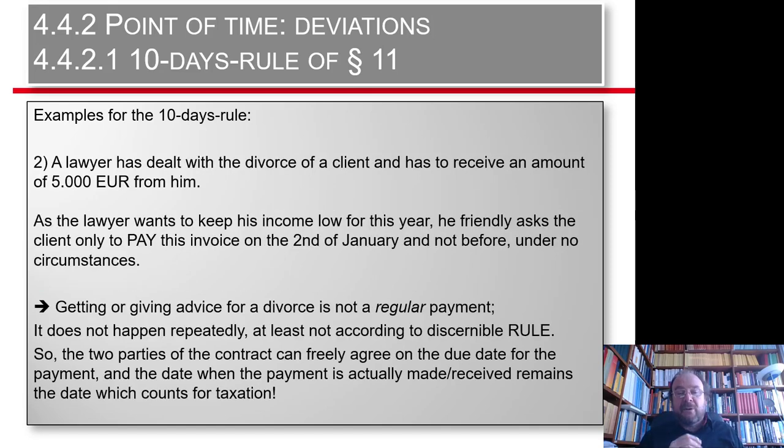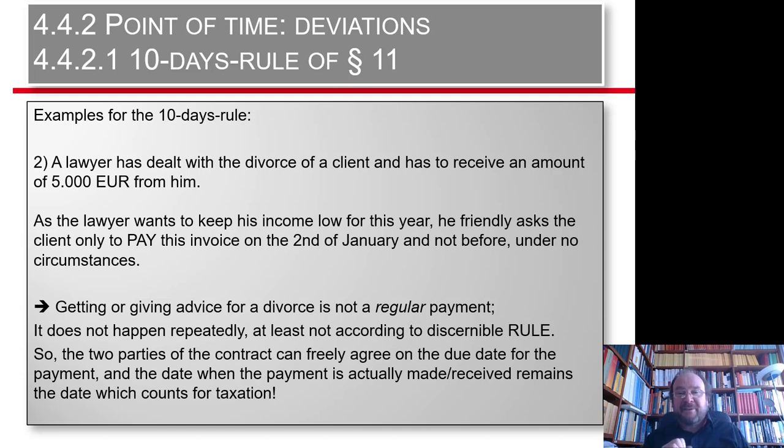Another case, a lawyer has dealt with the divorce of a client and now can claim 5,000 euro from him and now wants to get that payment only on the 2nd of January of next year. This is a short period of time, within 10 days, but not a regular payment.